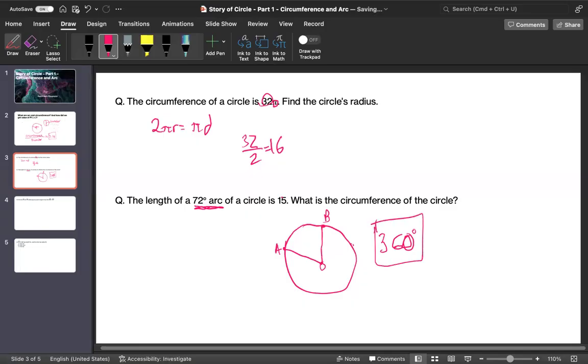So we know that 15 is 1/5 of the circumference of the circle. So let's call that C. So 15 is equal to C by 5. So C is equal to 75. Ta-da! There we go. Next few questions.